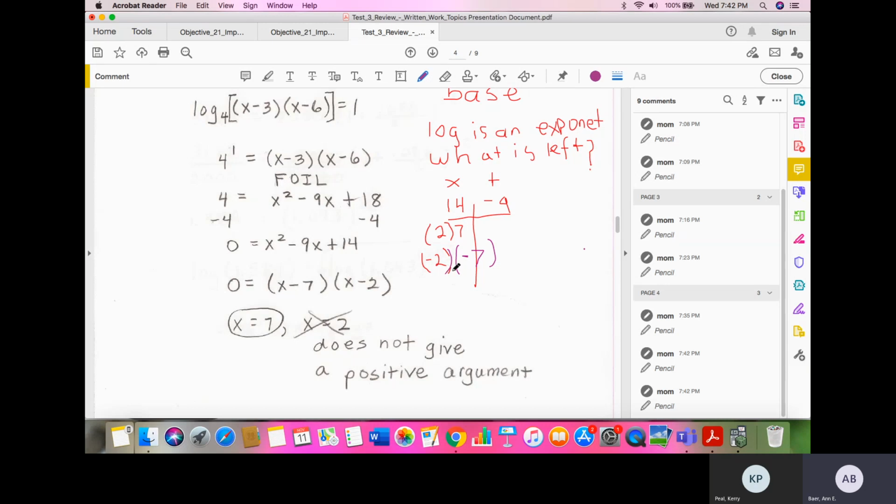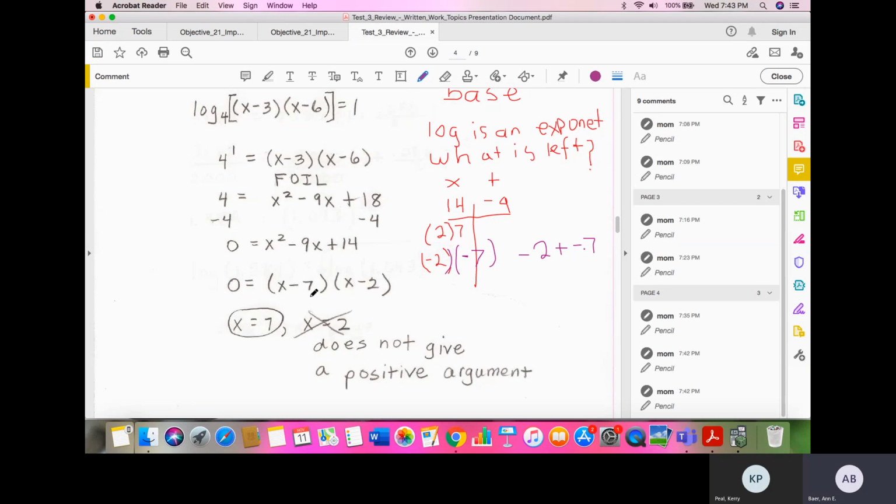Now, if we add these two together, we get -2 plus -7, and that is -9. So now we have two factors here and here. We put x in the first position in each, and then we're going to put -2 in one of them and -7 in the other.